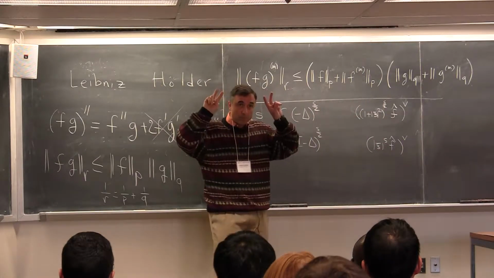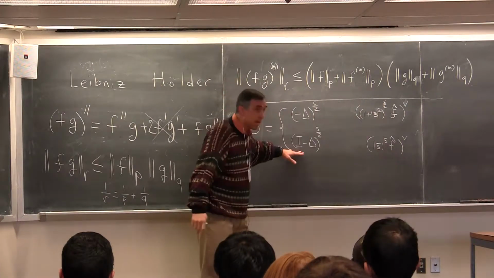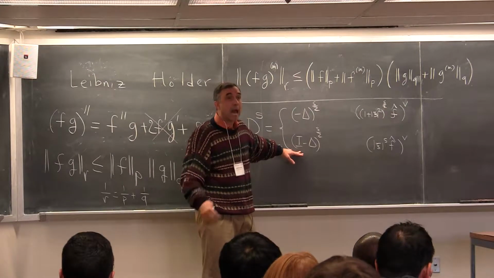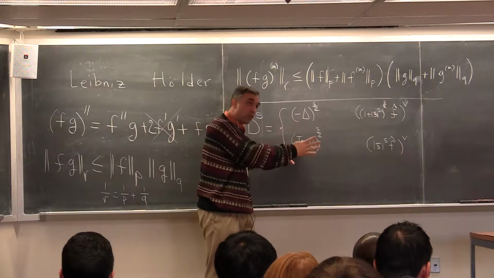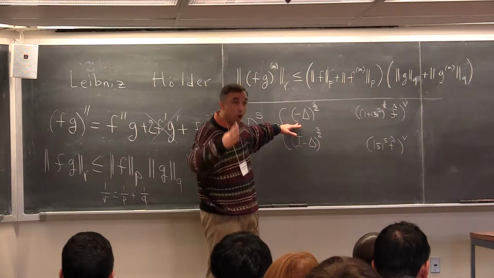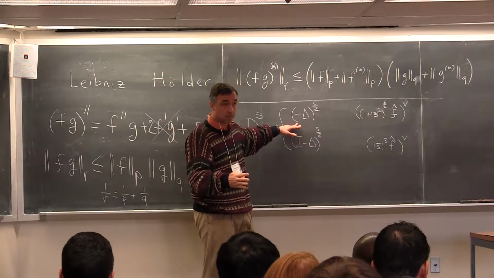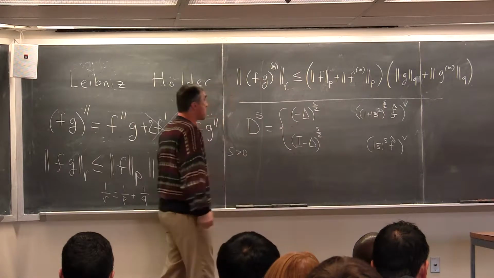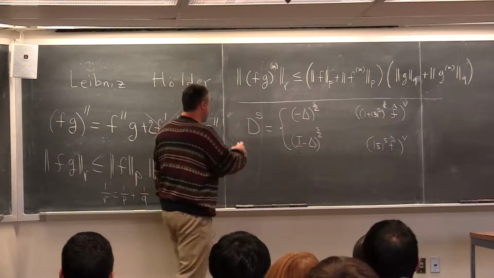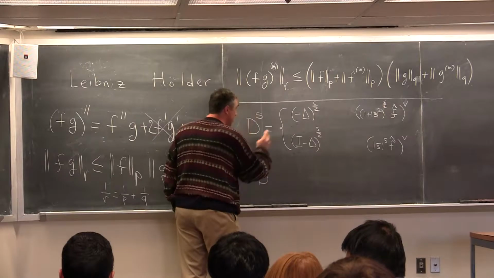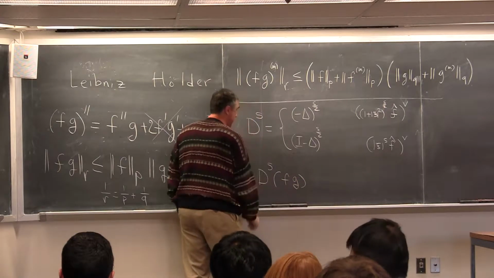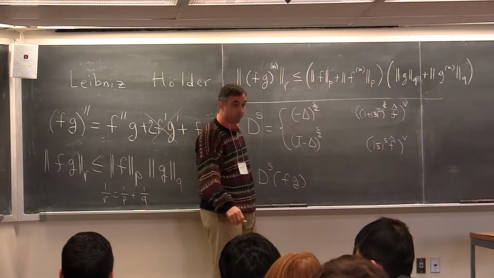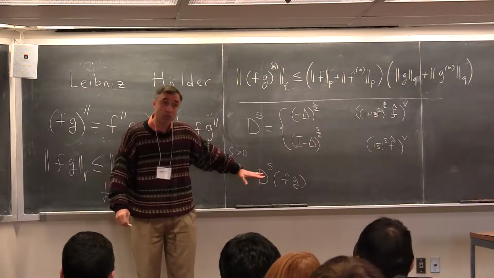Heuristically speaking, this is taking all the derivatives up to and including order S, so the 0th derivative up to S. This one is only the derivatives of order S. And so the question is, what happens if you take one of these two operators and apply it to the product of two functions? That's the question I want to address today.